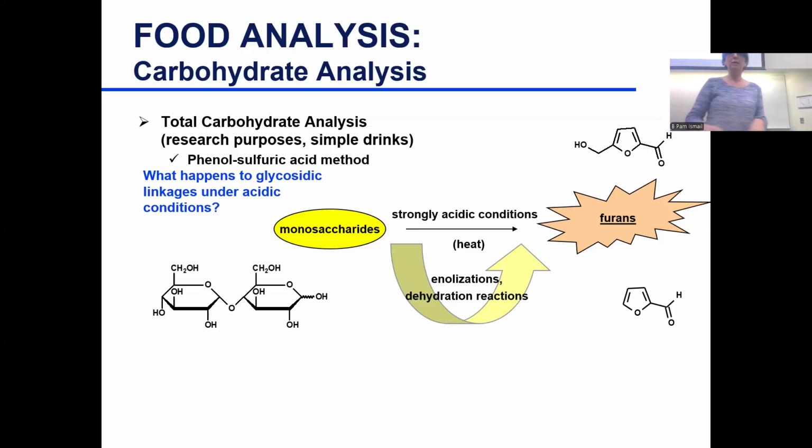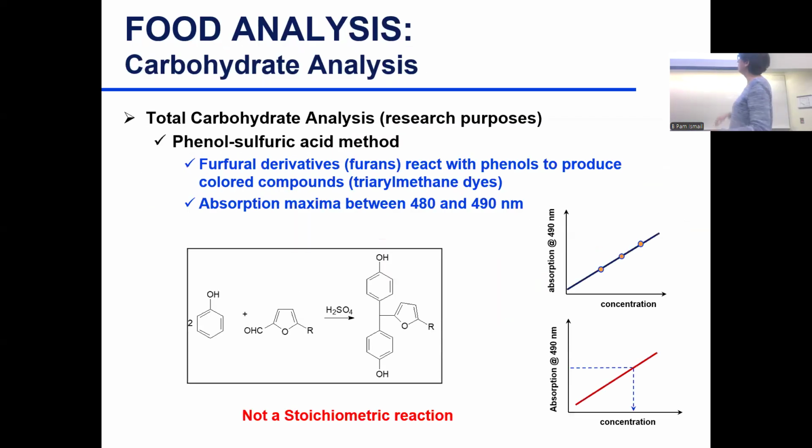But these furans can react with the phenol in the system. So your furans will react with phenol in the presence of acid and give you a chemical product that absorbs light, basically.